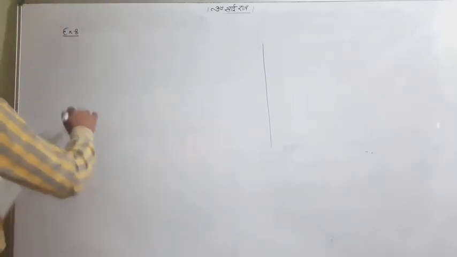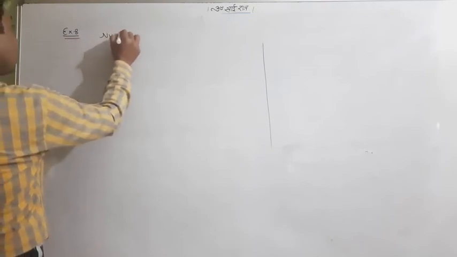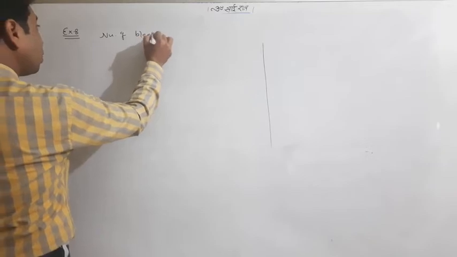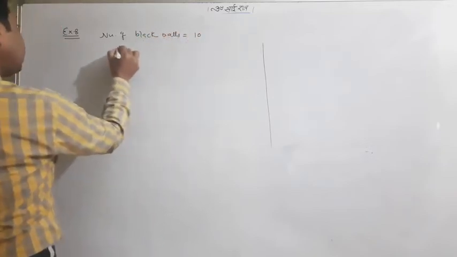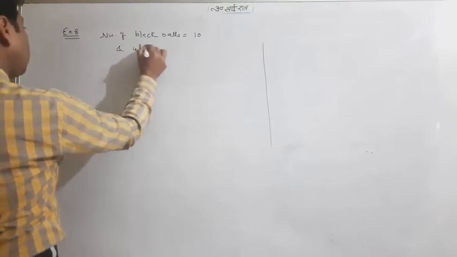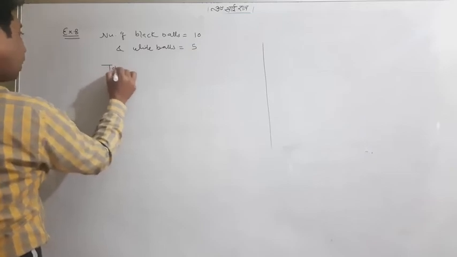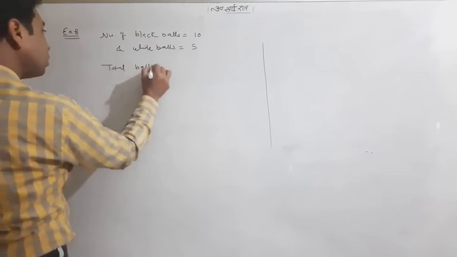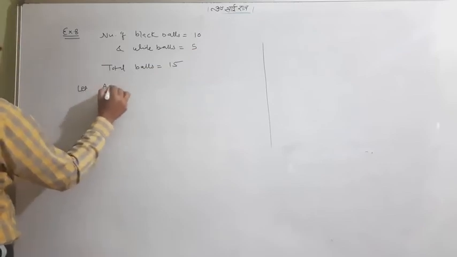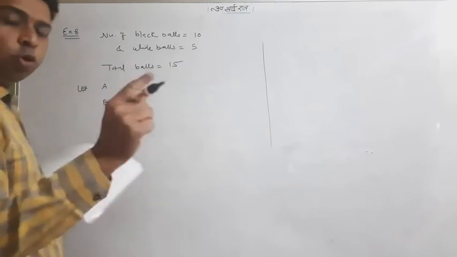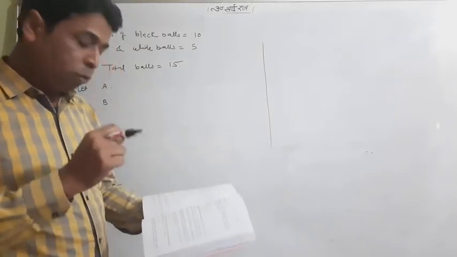Well, it's very easy. First I tell you, the number of black balls is 10, and the number of white balls is 5. I would say total balls 15, and let the event be that 2 balls are drawn without replacement. The question says both drawn balls are black.